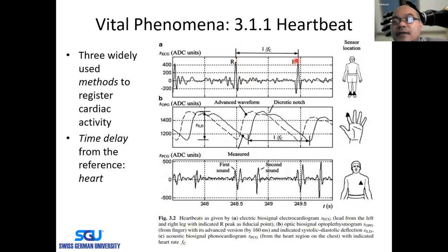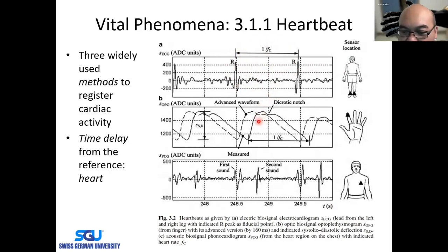Based on that, we use the 1 over FC formula: this time duration gives the frequency of the beating, how many beats per minute. You derive it using 1 over this time duration.